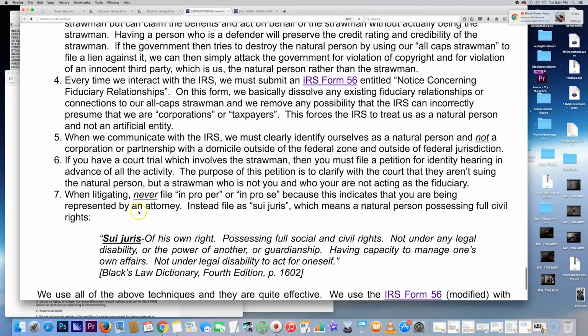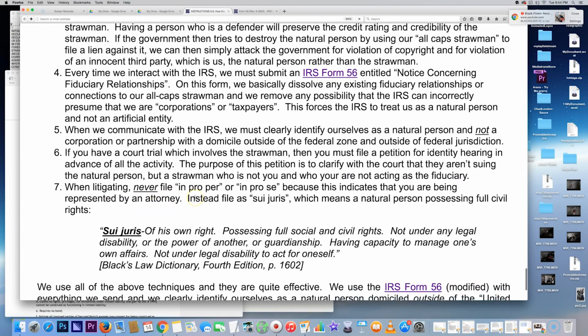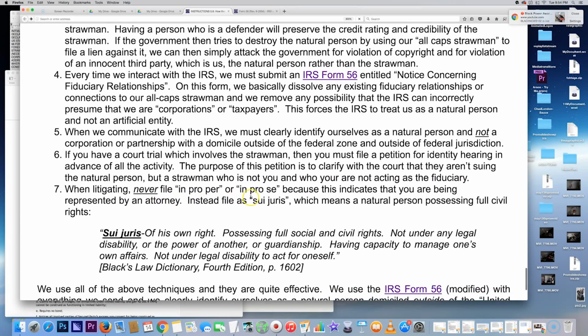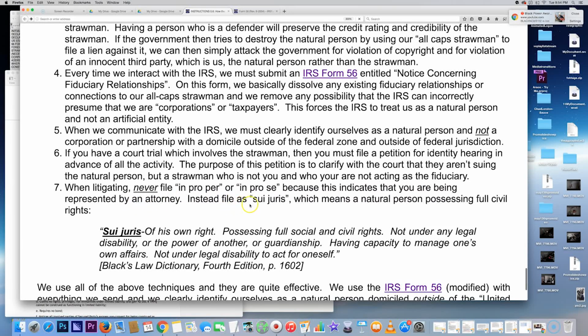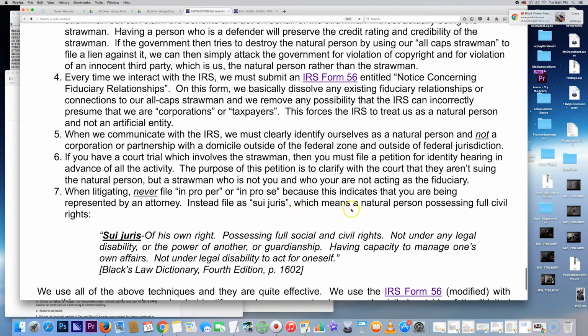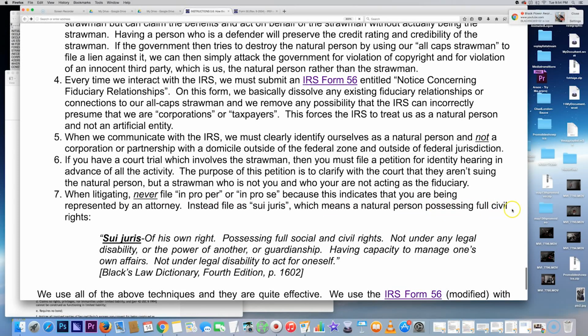When litigating, never file in propria persona or pro se, because this indicates that you are being represented by an attorney. Instead, we file as sui juris, which means a natural person possessing full civil rights.